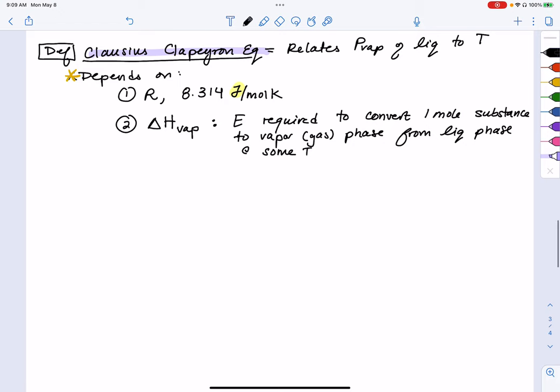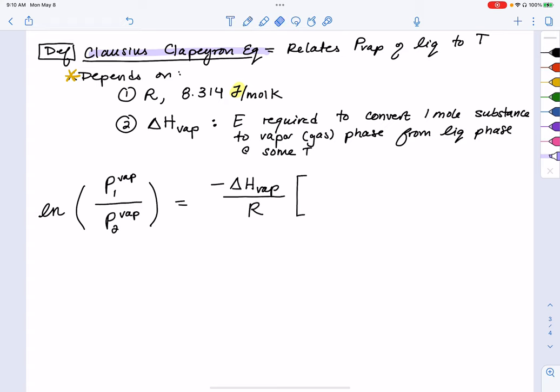So if I want to look at how the vapor pressure at one condition or one temperature changes at some new condition, then I'm going to look at the natural log of this fraction, P2 over P1, and that is going to be equal to the negative heat of vaporization over R times 1 over T2 minus 1 over T1.